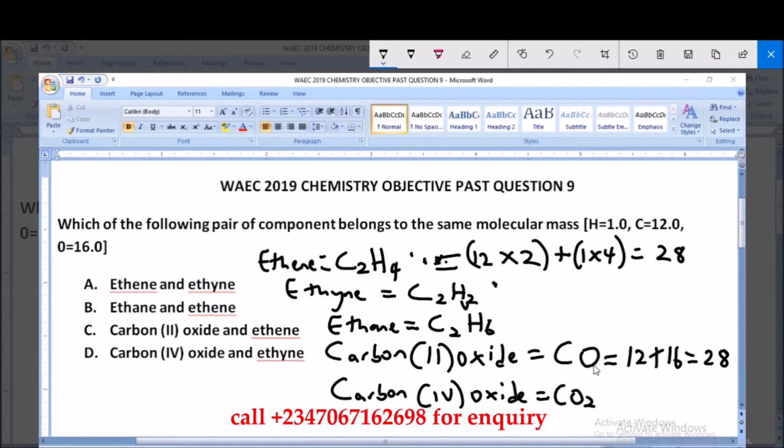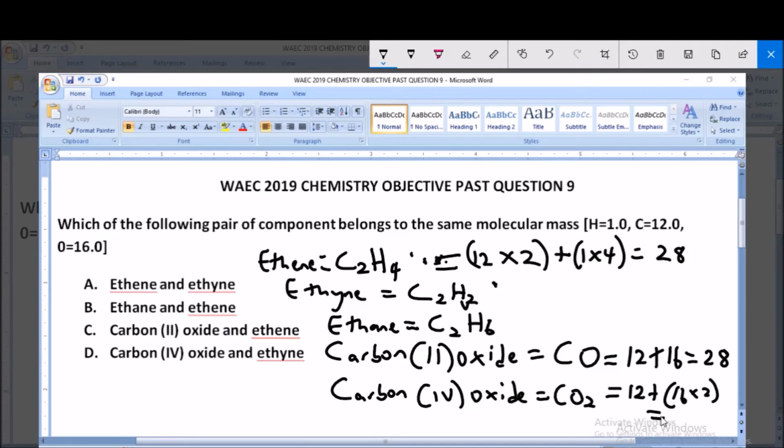Now carbon 4 oxide, 12 plus 16 multiplied by 2. Now 16 multiplied by 2 is 32, and 32 plus 12 is 44.